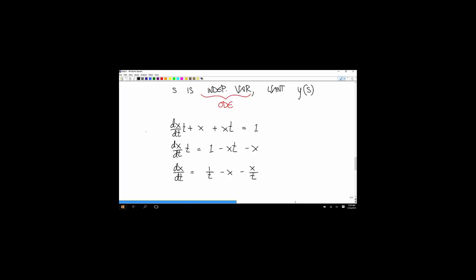Okay, so is there any way to express this as a function of t times a function of x? No. And so this is an example of a simple looking differential equation. There are ways to solve this differential equation that aren't hard, but you can't use separation of variables.